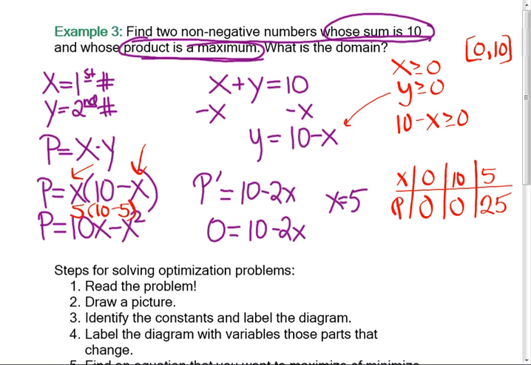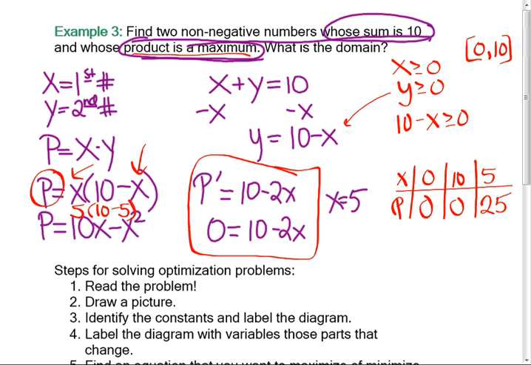And that's it. Because I want the product to be a maximum, we substitute it into the equation that we want to be a maximum value. You can try other values between 0 and 10. You'll find out that 5 is the biggest one, because I took the derivative, set it equal to 0 and solved.